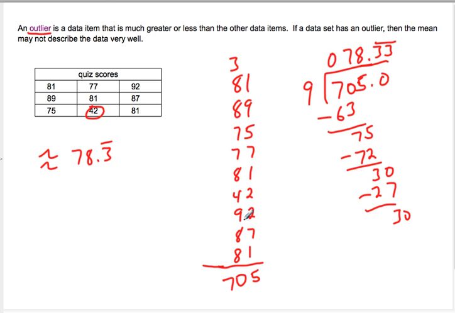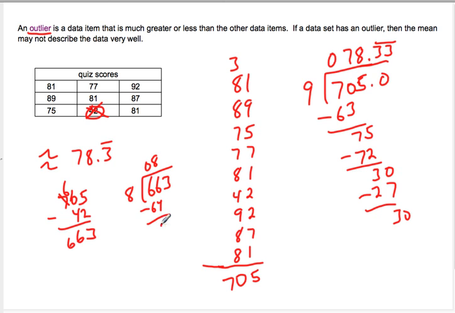Let's check it out. Let's try to pretend this outlier wasn't there and take away 42 from this. So 705 minus 42 is going to be, what is that, a 10? So 6, so 663. And then we're going to do some division here. So 663 divided by 8. That goes in 8 times into 64.